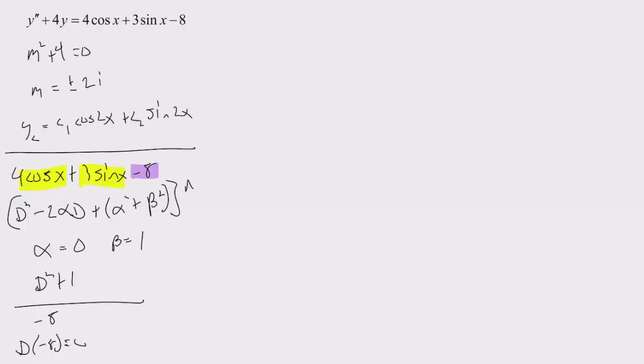So that says the D from the constant and the D squared plus 1 from the cosine and sine functions, and then D squared plus 4 was from our complementary solution, all of which should equal 0.